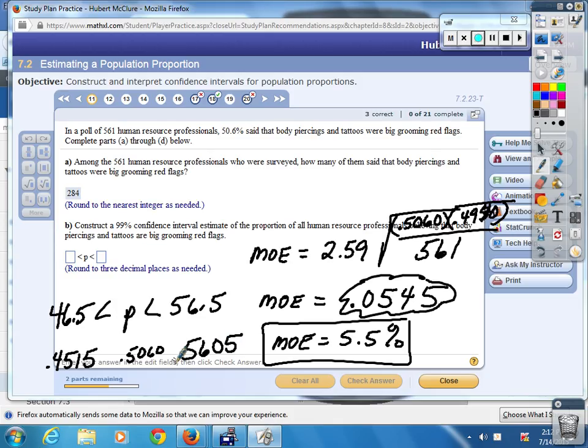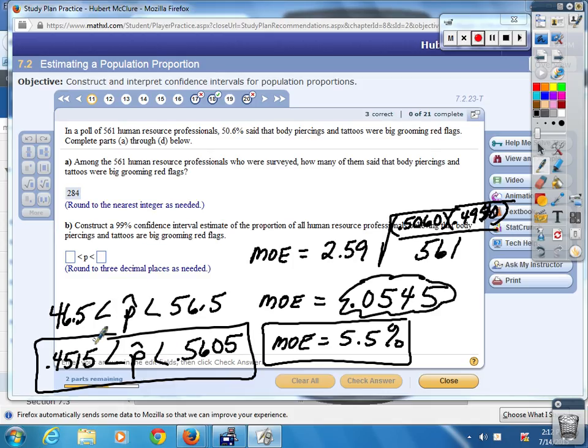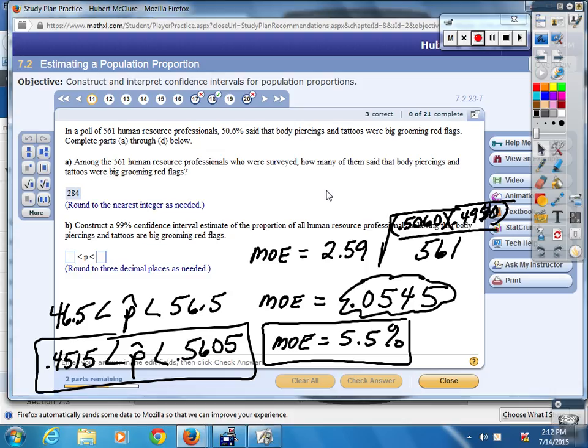Okay. So this is what your actual answer should be, something like 0.4515, I'm sorry, 0.4525, and 0.561.